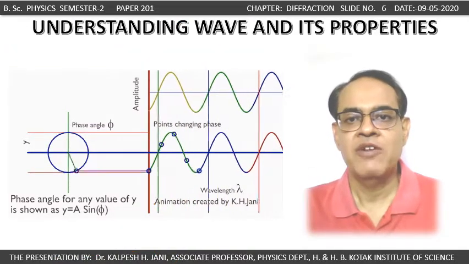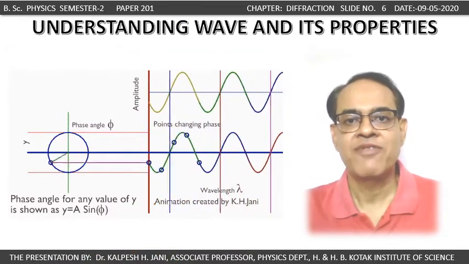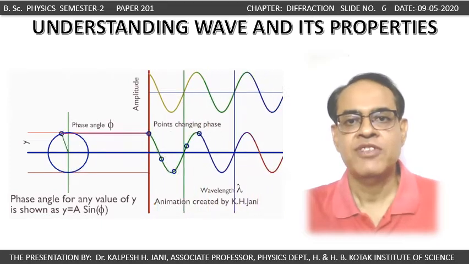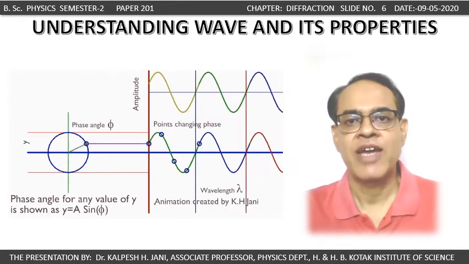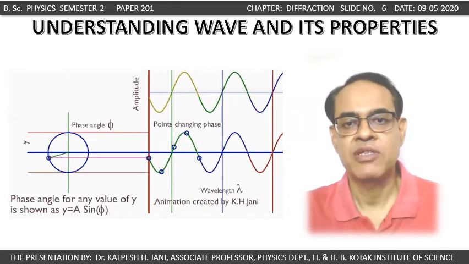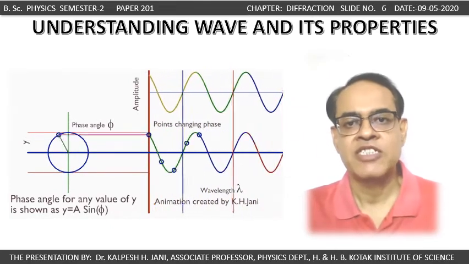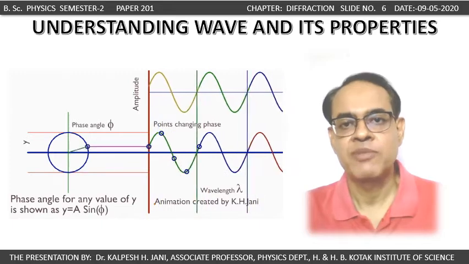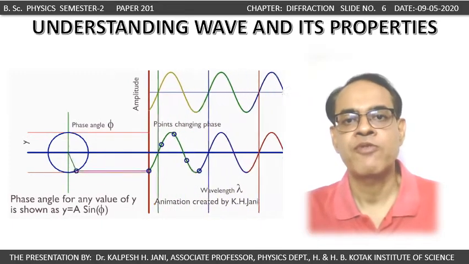So by now we have had the general understanding of the diffraction phenomenon. At first it was observed for the case of light rays, so it was at first believed to be an optical phenomenon, but later on it was established that it is a wave phenomenon because it is applicable to all types of waves.